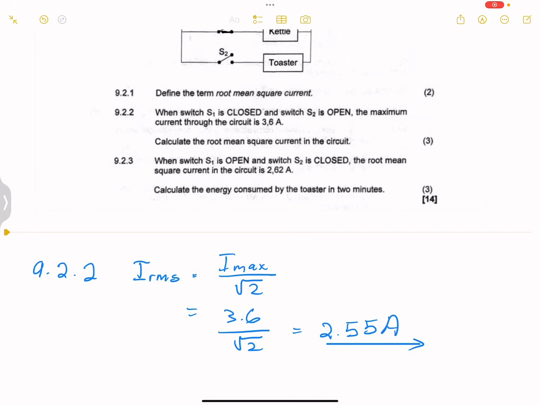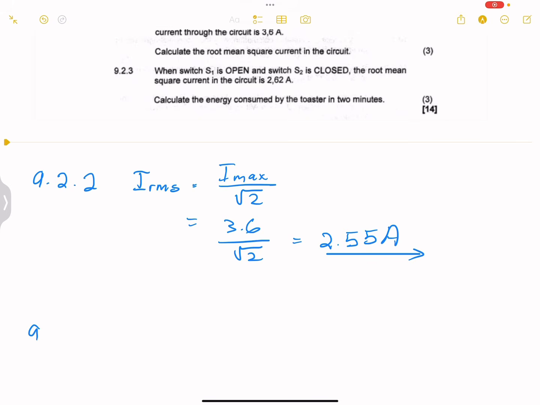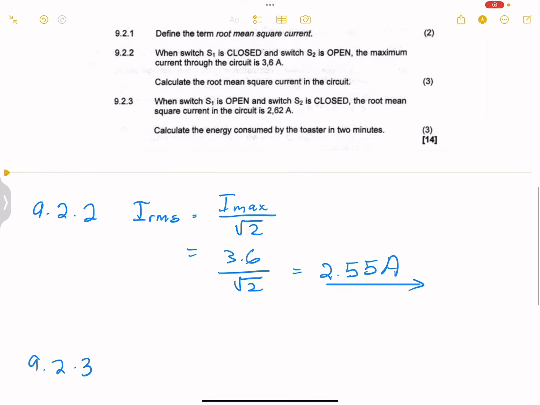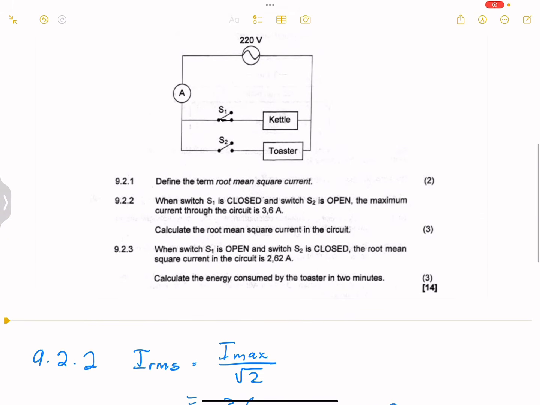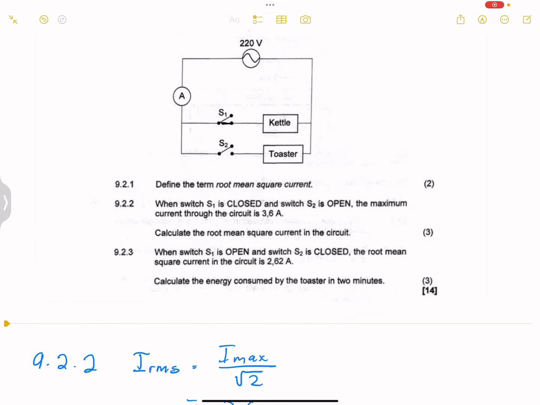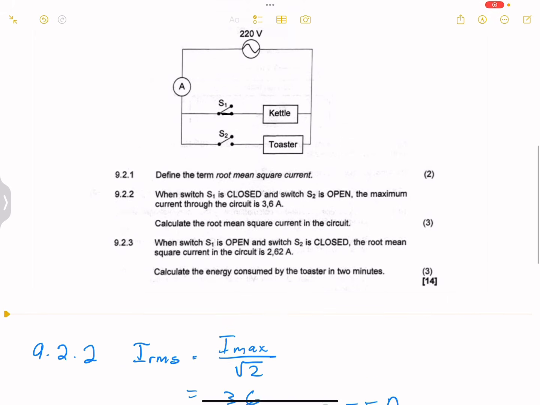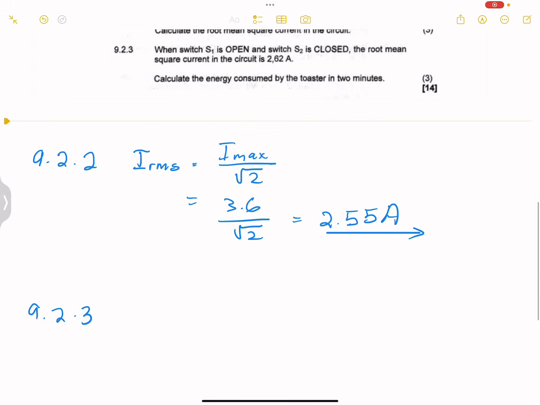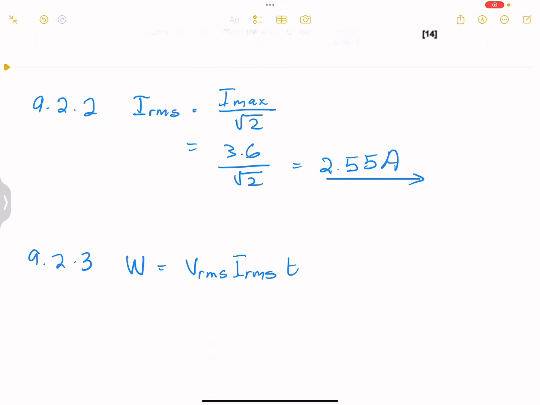All right, so to get the energy, in this case 9.2.3, we know the voltage, and we know in this case the current that is dissipated, right? So what we would need to do is, to calculate the amount of energy that is consumed in 2 minutes, that's going to be VRMS times IRMS multiplied by time. Okay, so that's VIt.